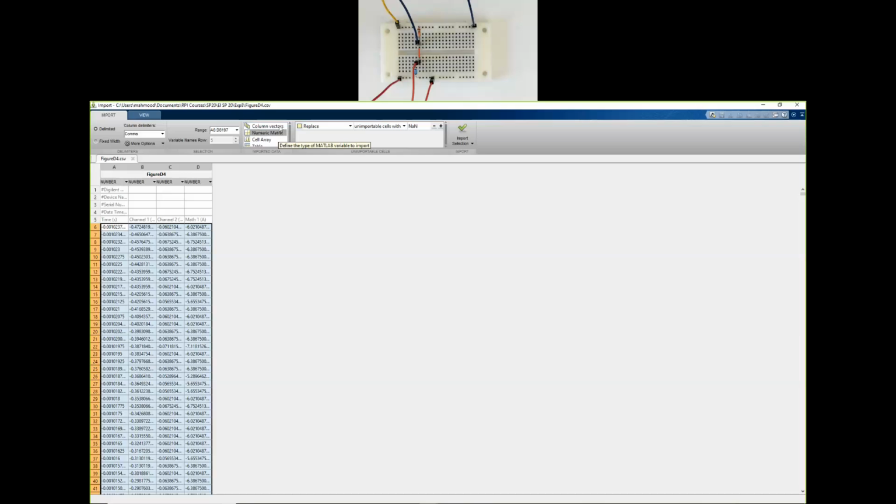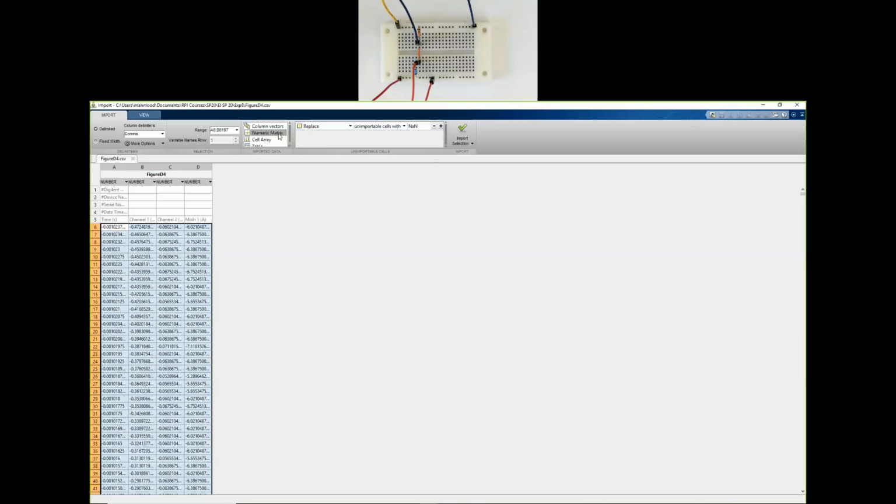So I can import them individually as time vector, channel 1 vector, channel 2 vector, and math 1 vector, or import it as a matrix. So you will get, I believe, 8,000 something rows and 4 columns. So I'll just do it as a numeric matrix. And then I will say import selection.